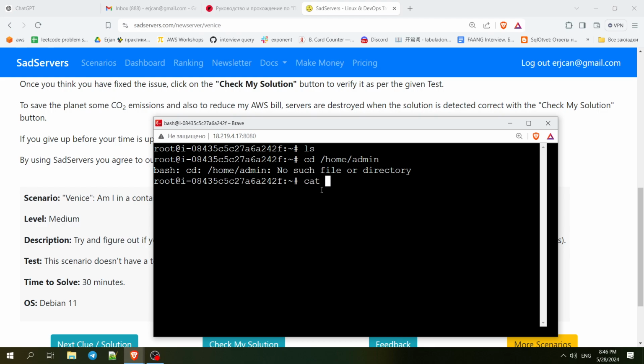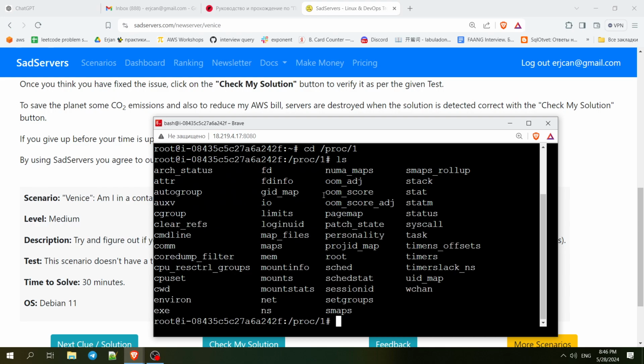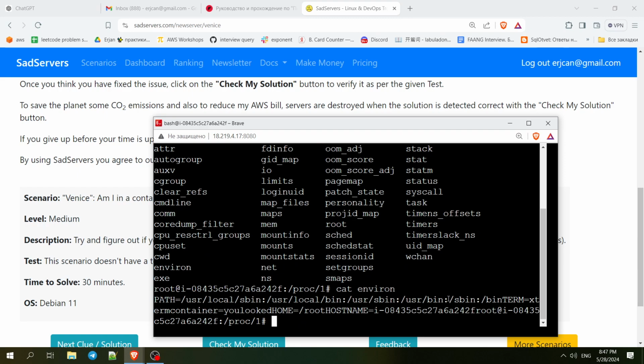The idea is that you look inside PID 1, the process ID 1, at all of the related files, and you actually look into environ. The environment file contains all of the environment variables, and if it actually was a VM, there would be a bunch of kernel level processes running.